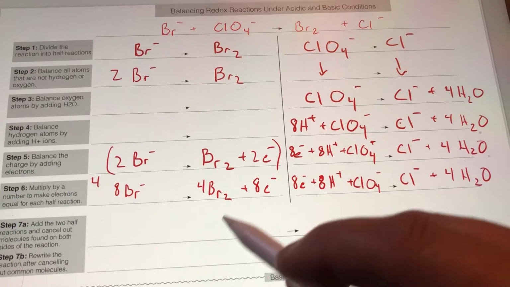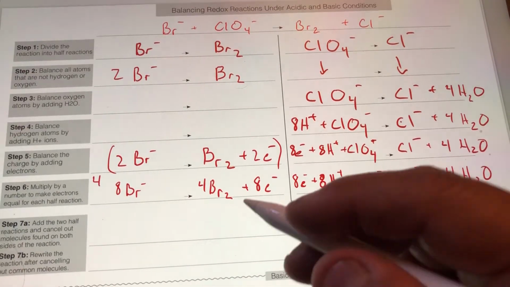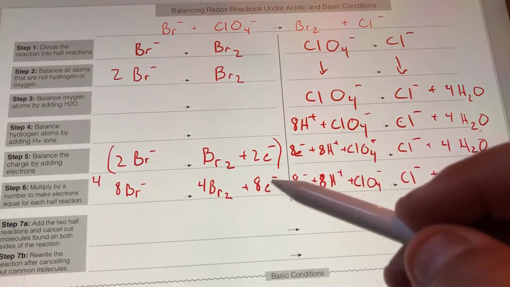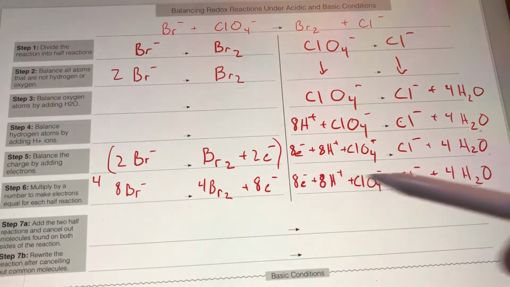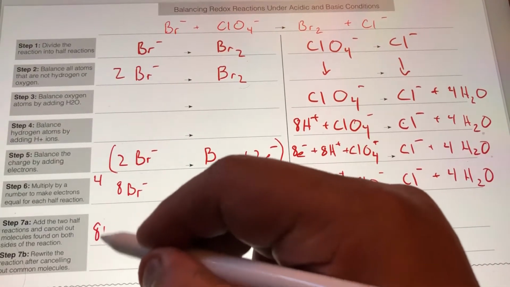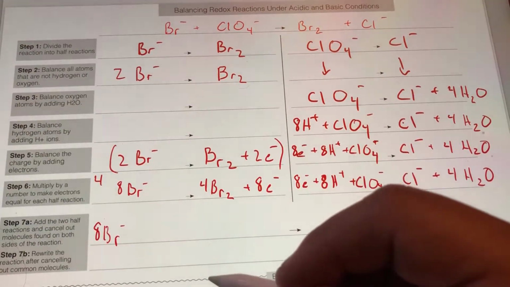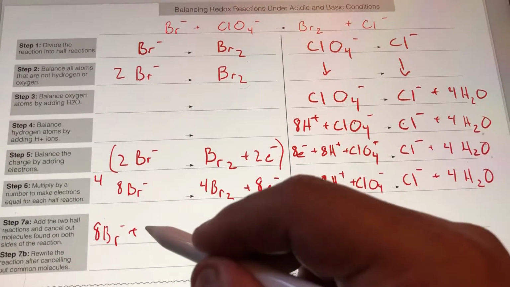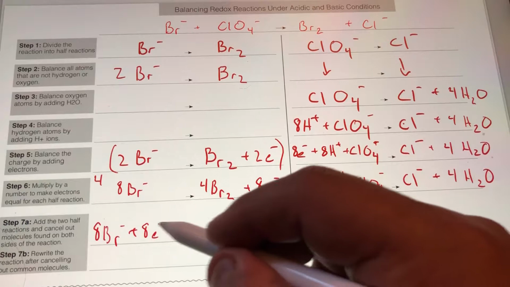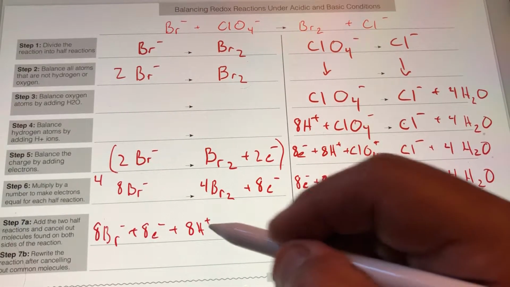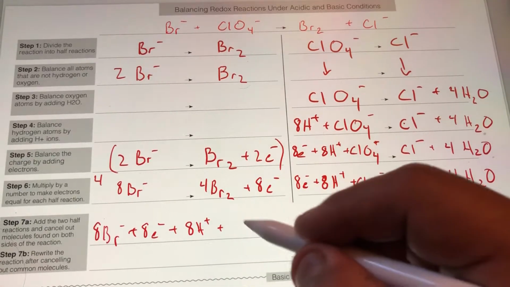So once we have everything together, we're going to write it with all the reactants on one side and all the products on the other. So here we have 8 bromines plus these 8 electrons. Then the 8 hydrogens and the perchlorate.